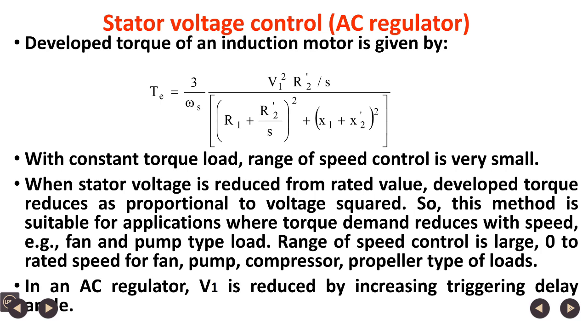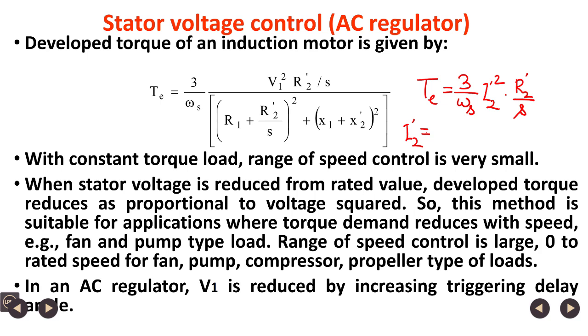The principle of induction motor speed control using AC chopper, AC regulator or simply voltage controller is based on this. The developed torque expression is given by T_e equals 3 by omega_s times I_2' squared times R_2' by S, where I_2' is the rotor current referred to stator and S is the slip.